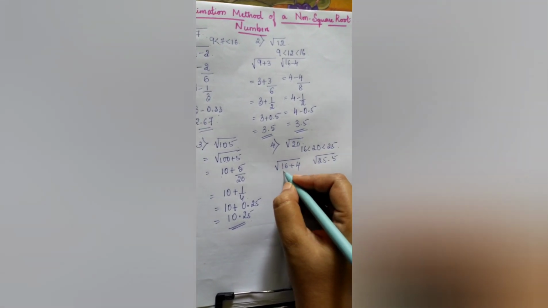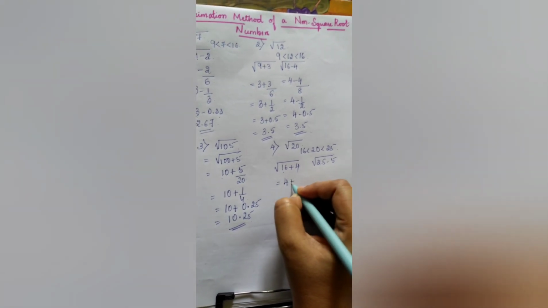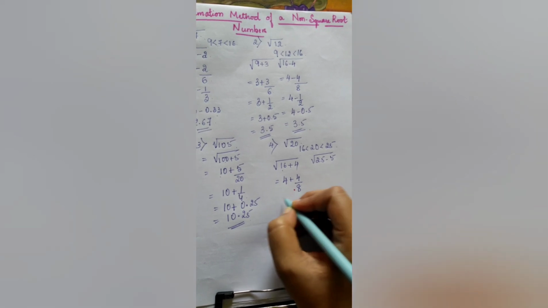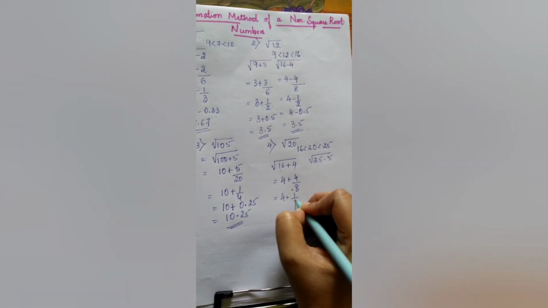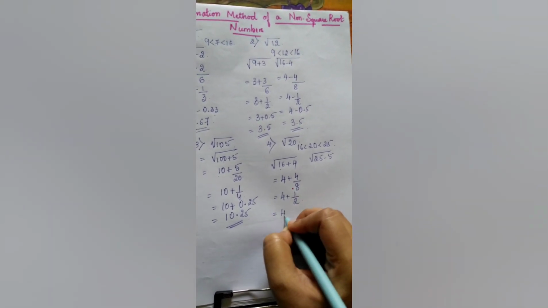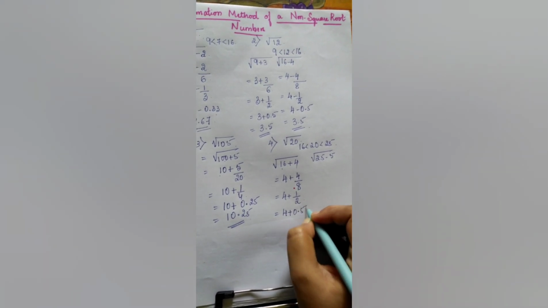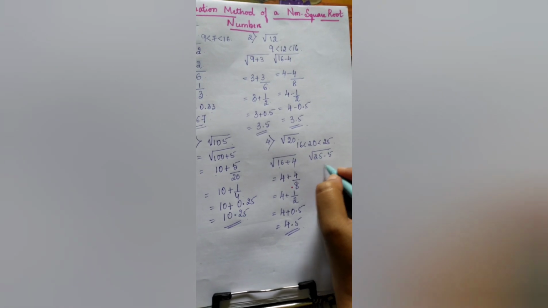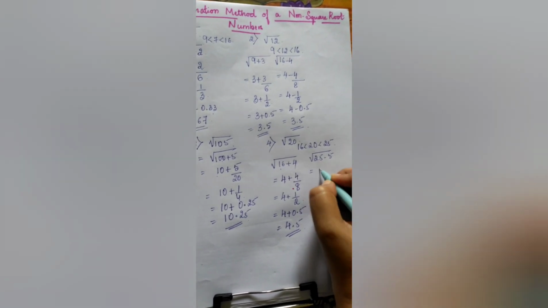So square root of 16 is 4. 4 plus 4 by 8. Double of this 4 is 8. So 4 plus 1 by 2. So what is 1 by 2? 0.5. This is 4.5. So you can cross check it in this way also.